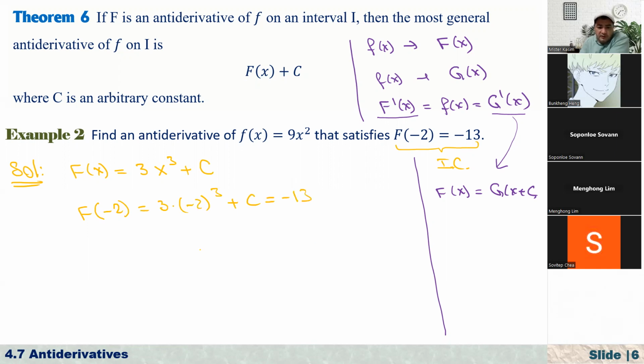If you solve this equation, we get C equal to -13 plus 24, that is equal to 11. So now, the antiderivative of this function that satisfies this condition is capital F of x equals 3x cubed plus 11. We have a lot of antiderivatives, but one of them is this one that satisfies the given initial condition.